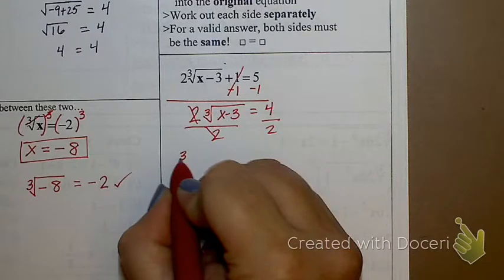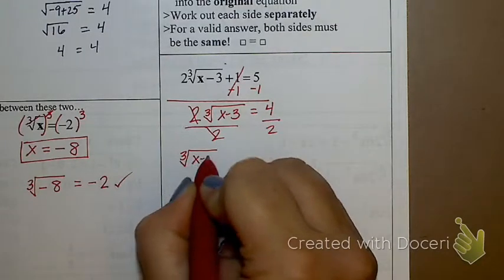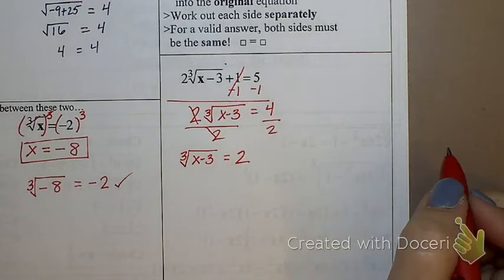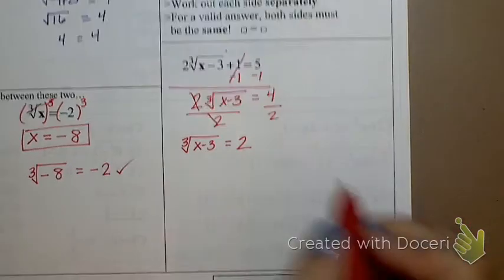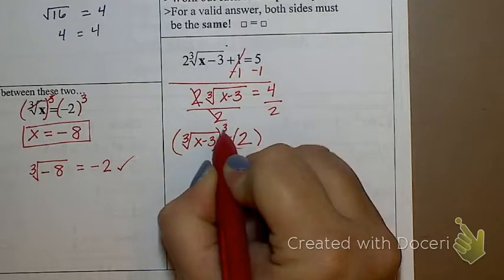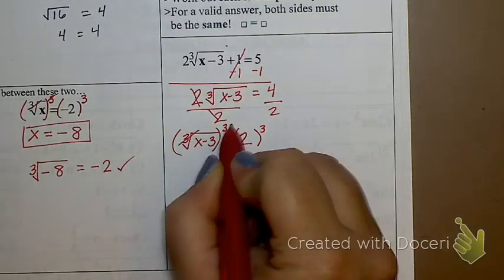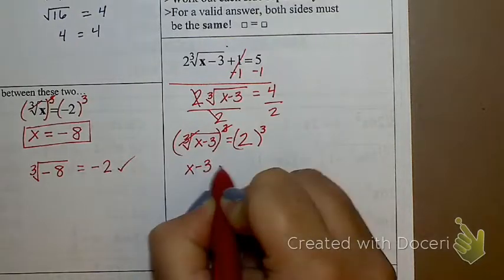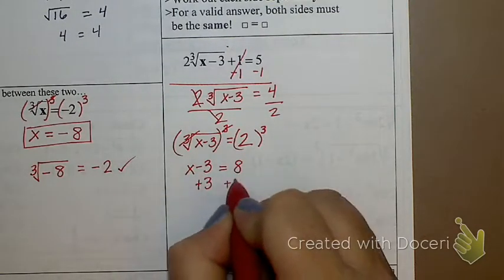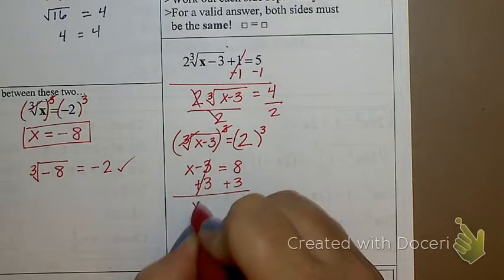So the cube root of x minus 3 equals 2. Now is my radical alone? Yes. So what can I do? Raise both sides to the third power. And that gives me x minus 3 equals 8. Add 3, and x equals 11.